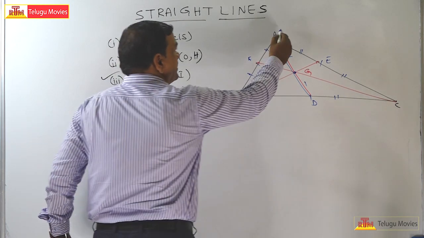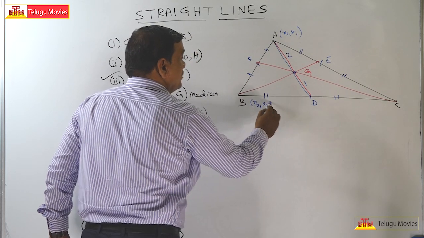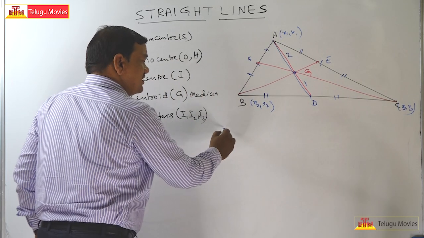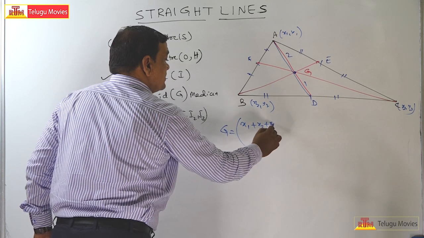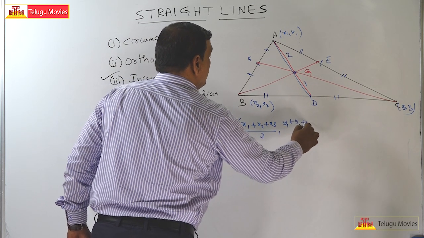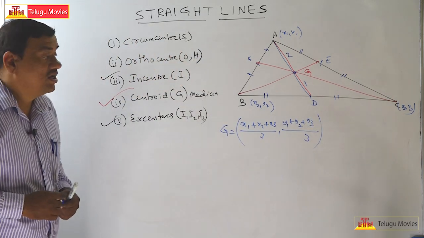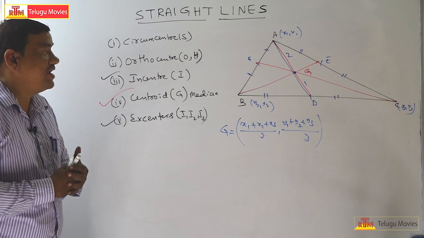Let us take these vertices as (x1, y1), (x2, y2) and (x3, y3). Then the centroid G is given by the formula ((x1 plus x2 plus x3) by 3, (y1 plus y2 plus y3) by 3). That is the formula to find the centroid of triangle ABC.